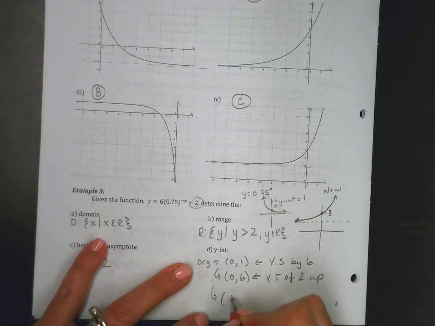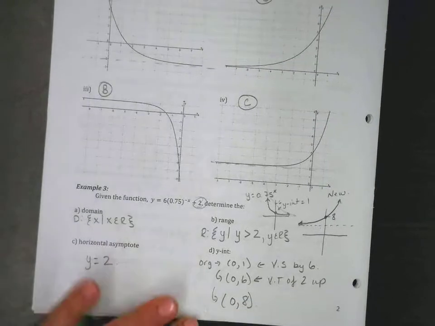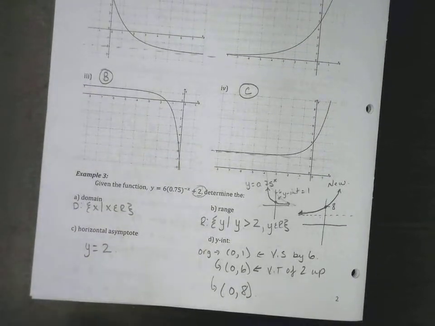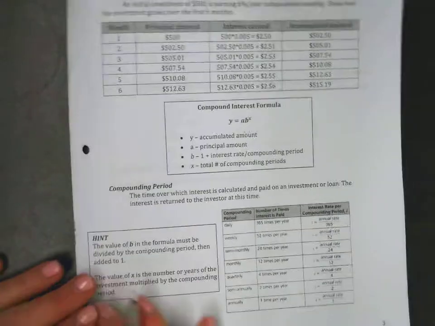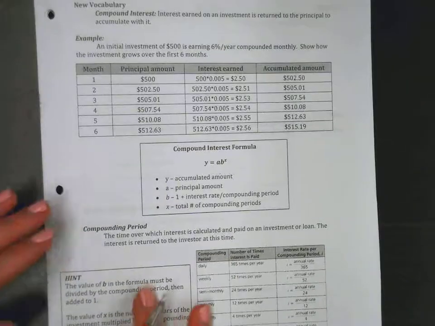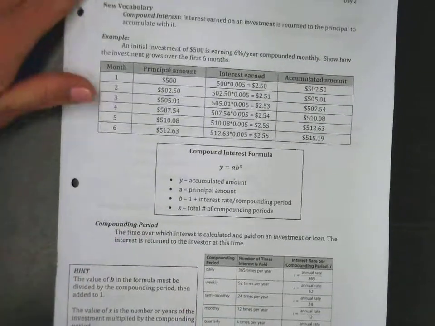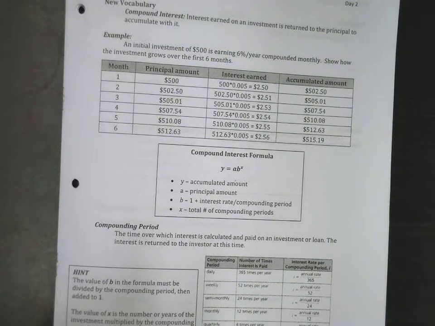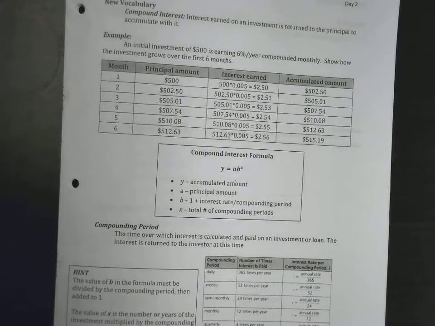All right, moving on. So that was all transformations. We're now going to move on to some new vocabulary. We're going to talk about compound interest. Compound interest is interest earned on an investment and is returned to the principal to accumulate with it.